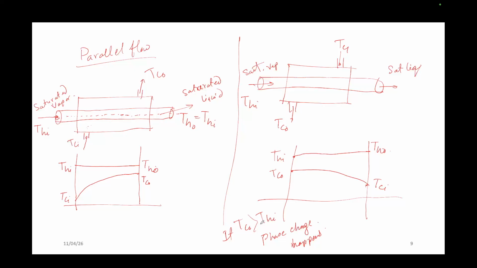See, the thing that I discussed in the last class is that this Tco can be greater than Th1. Why? Can you tell? What I am saying is, if this Tco is greater than Th1, what does it indicate?